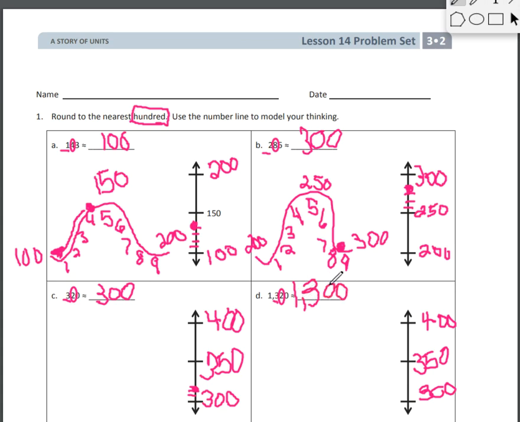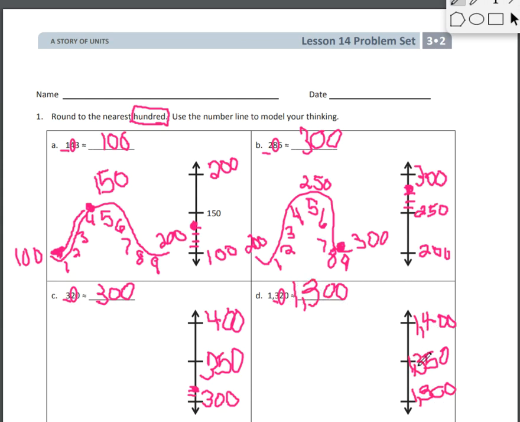1,300. Now, we didn't do anything to the 1. The 1 must remain. We want to make sure that we include it on all of our charts because it's going to be included in our answers.